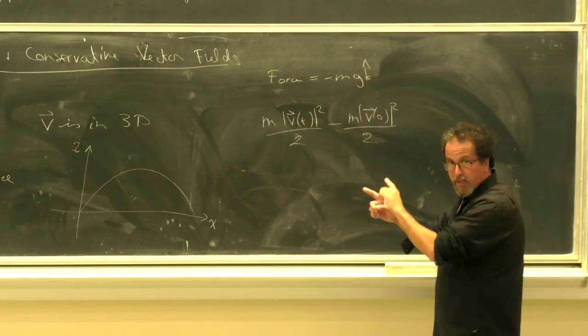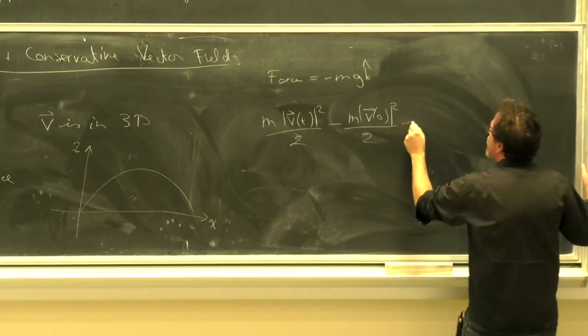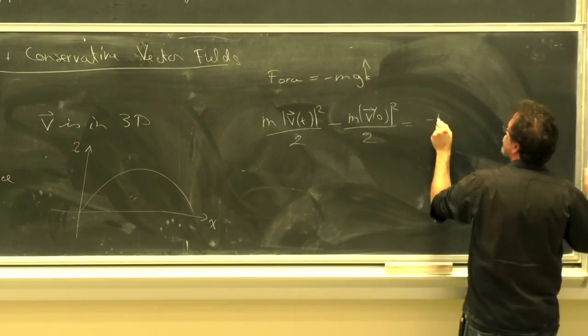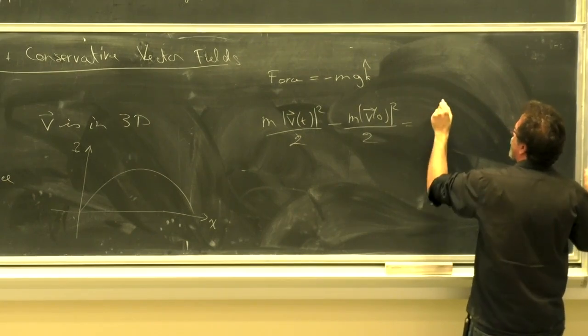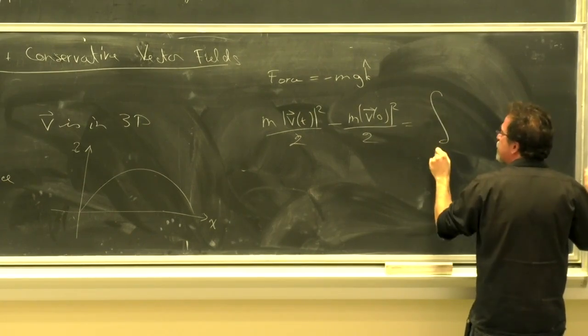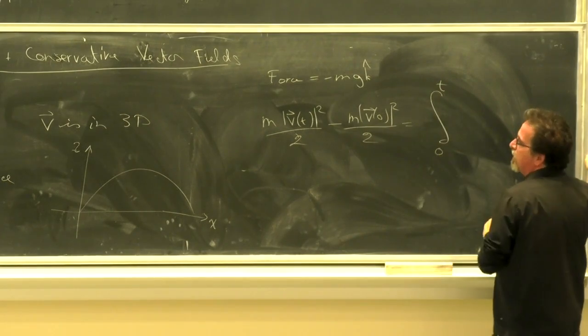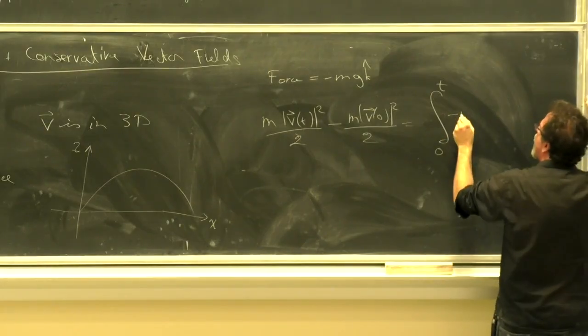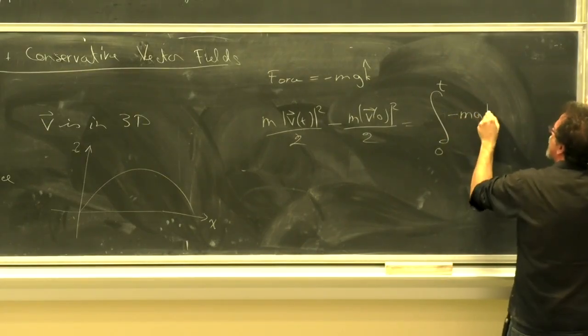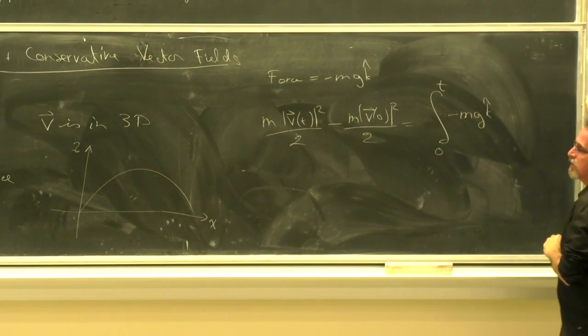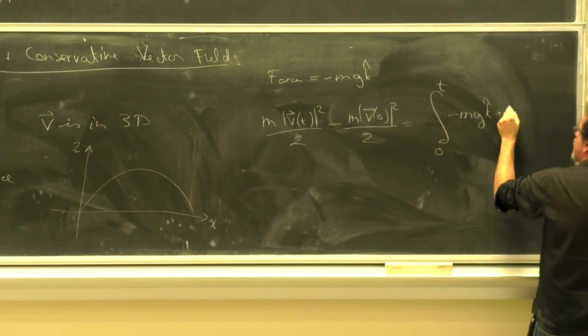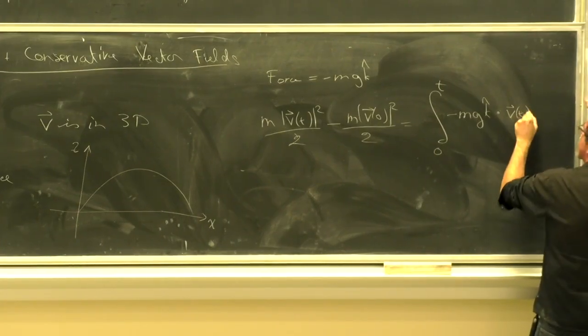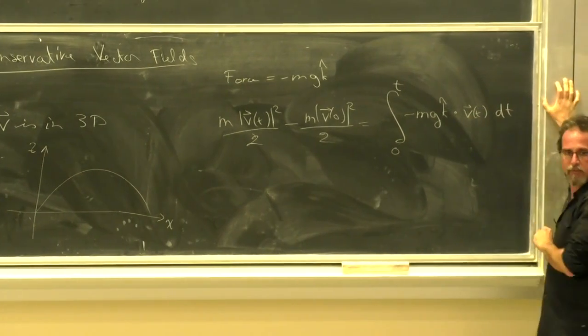Took the dot product with v, and we integrated. It is equal to the integral from t equals 0 to some later time t of negative mg k hat dotted into v vector of t integrated with respect to t.